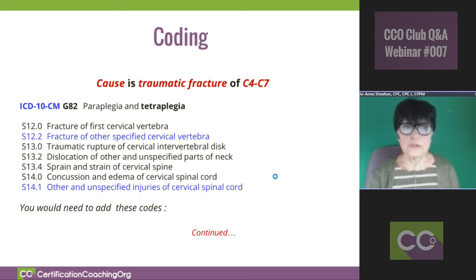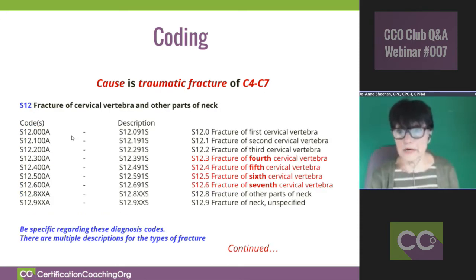So S12, fracture of the cervical vertebra and other parts of the neck. As you can see, you have to be really specific regarding these diagnosis codes. And when you go into your ICD-10 manual, you're going to find pages of descriptions of the types of cervical fractures that there are. Type 3, it can be displaced, non-displaced. You really need to know. And if it's unspecified, then it's unspecified.